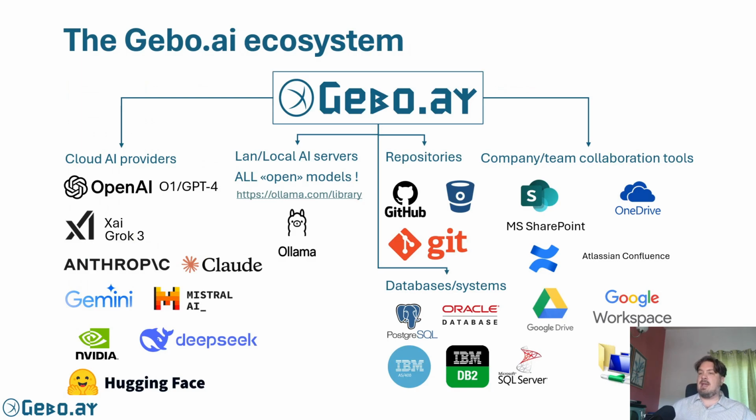The Gebo.ai ecosystem is quite large because it includes AI providers such as OpenAI with O1, GPT-4, and xAI with Grok, Anthropic Claude, Gemini in the near future, Mistral AI, DeepSeek, and all the NVIDIA cloud platform, which is pretty interesting, honestly, because there you can try almost every open source or NVIDIA private model.